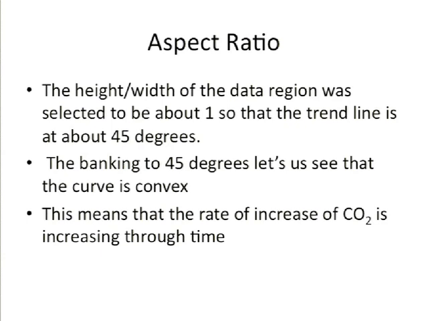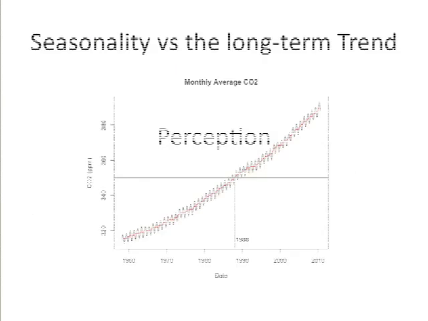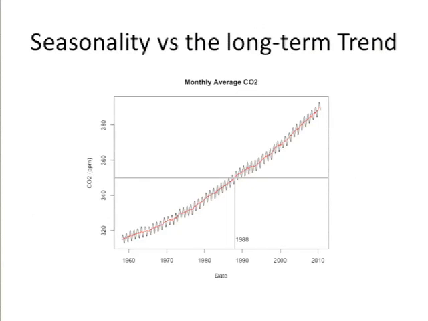To review, if we return to our plot, the trend line and its slope is essentially the banking that we're looking at. And roughly we want that to have a slope of roughly 1 or a 45-degree angle.